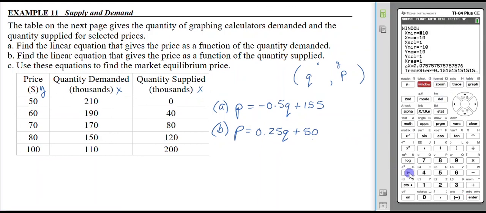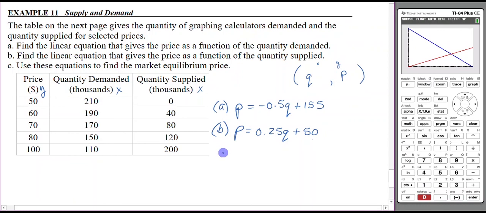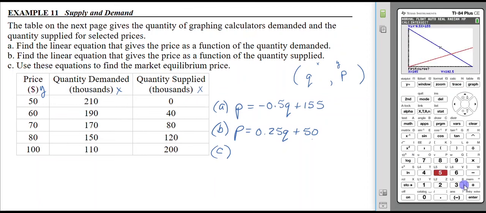When we put this into the graphing window, we want to make sure that we go from the smallest x that we have to the largest x we have, and we can adjust from there if we need to. Let's do a zoom fit. We see the intersection there, so we can find the equilibrium price. That's part C. So second, calculate the intersection.